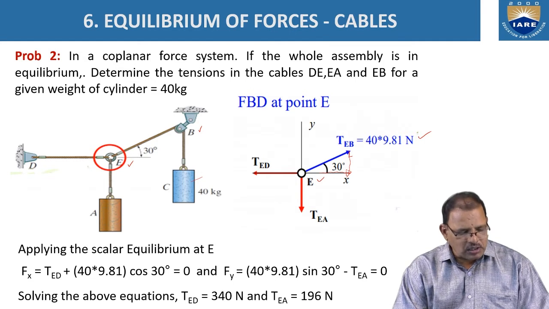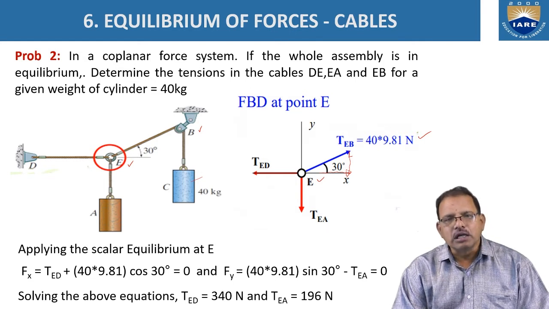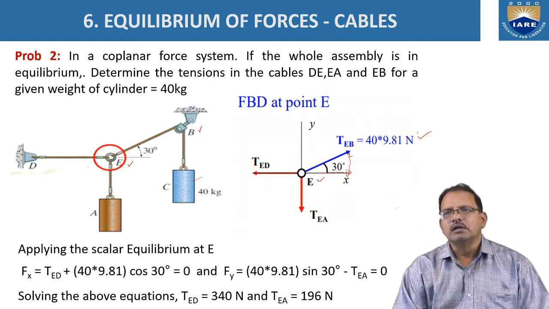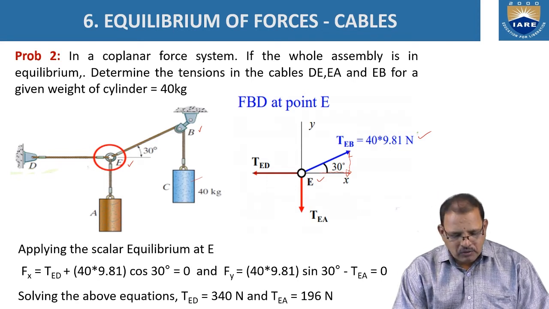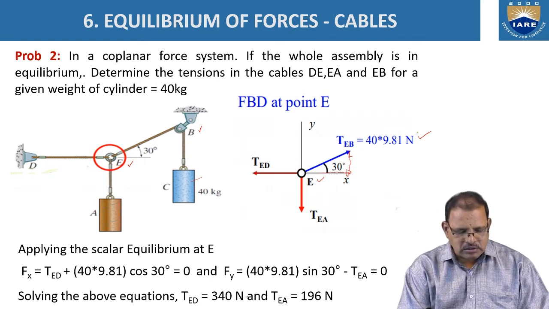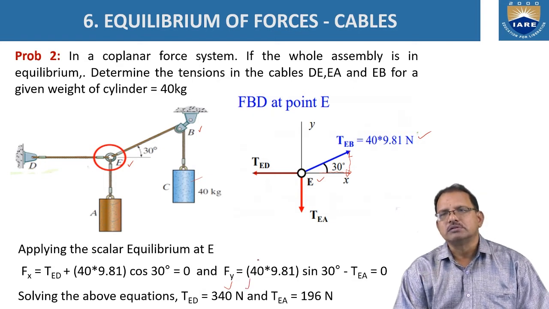According to the equilibrium conditions, sigma Fx, the sum of the forces along the x direction, is equal to T_EB cos 30 minus T_ED, which should be equal to 0. Hence, from this relationship we get T_ED equal to 340 newtons.